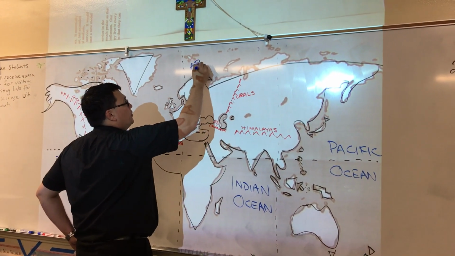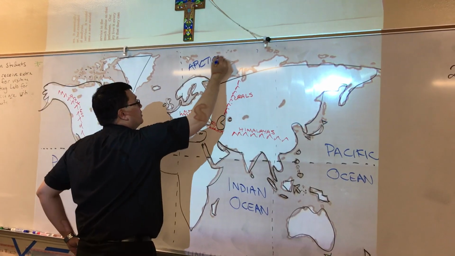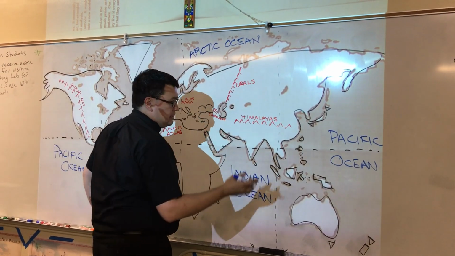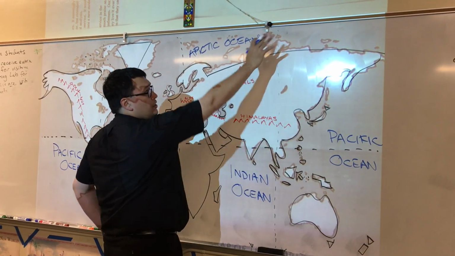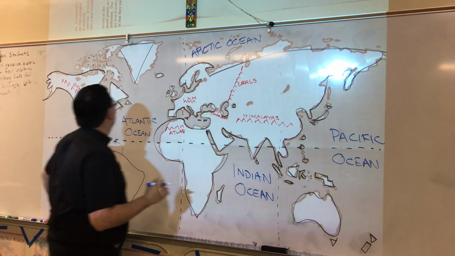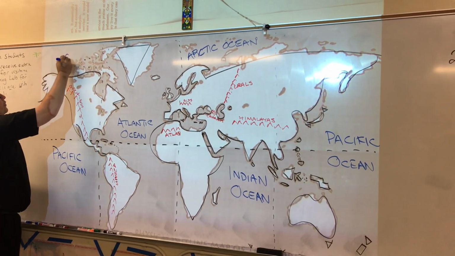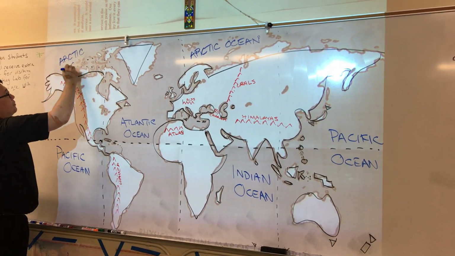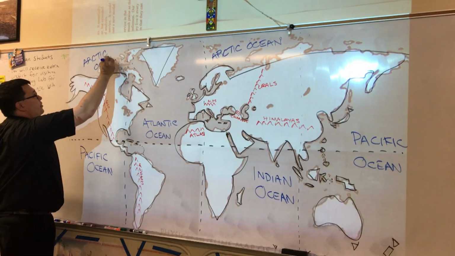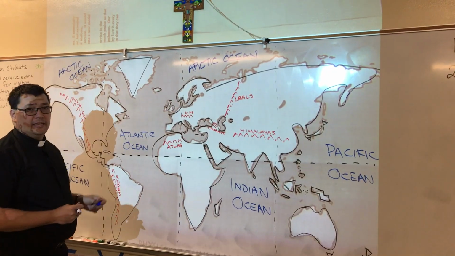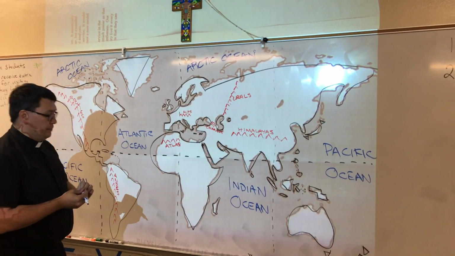It rounds the North Pole and is called the Arctic Ocean. And like the Pacific, it's on both sides. So the Arctic Ocean is up here, and the Arctic Ocean is also over here. And remember, the Arctic Ocean is frozen most of the year. So it's one gigantic ice cap at the top of the North Pole.